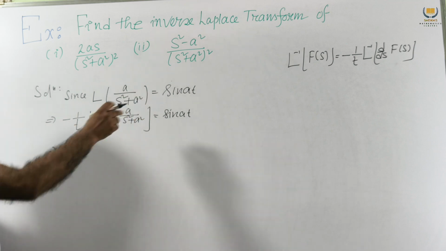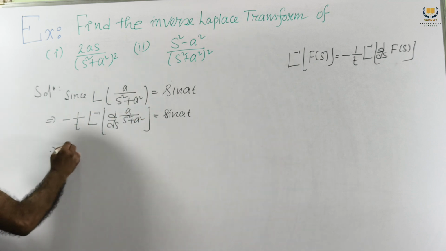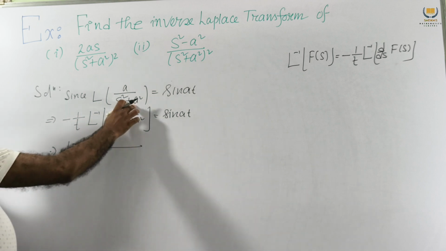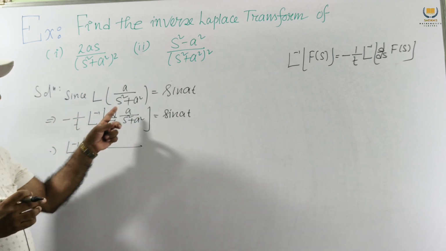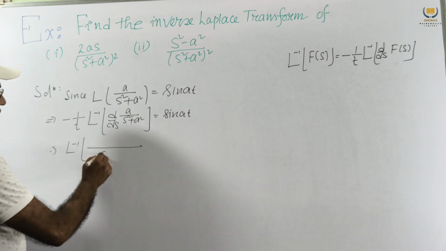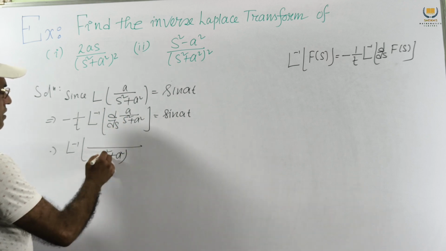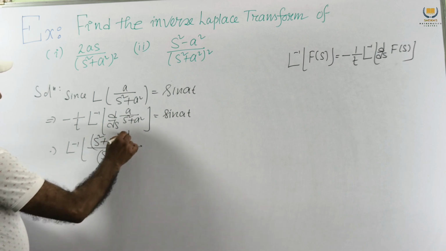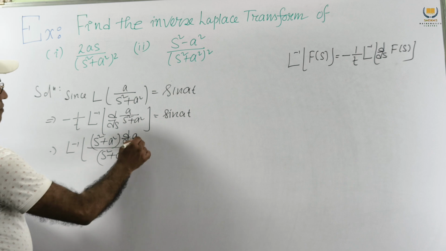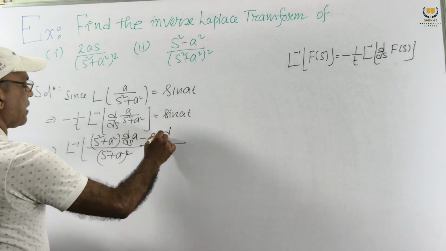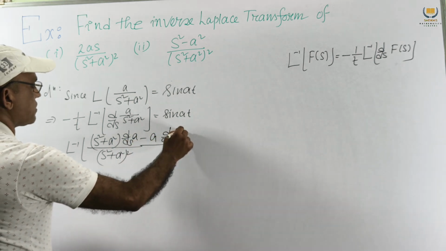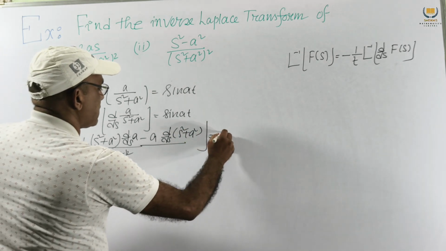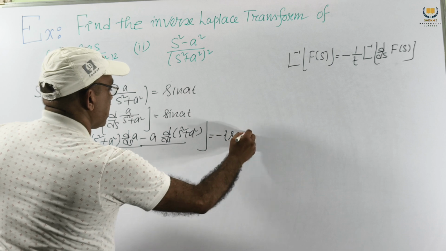So t is multiplied on the right-hand side. We use the division rule, u by v formula: (s² + a²) d/ds of a minus a d/ds of (s² + a²), over (s² + a²)², and this equals minus t sin at.